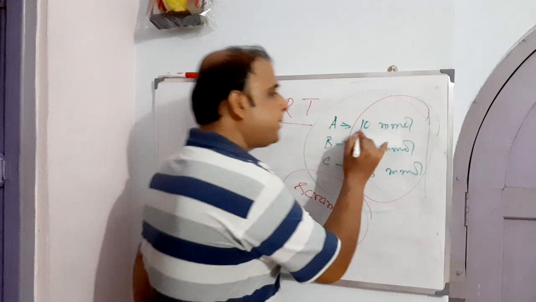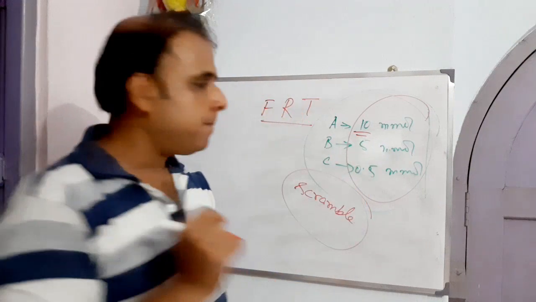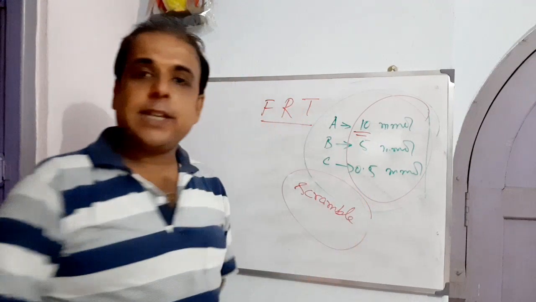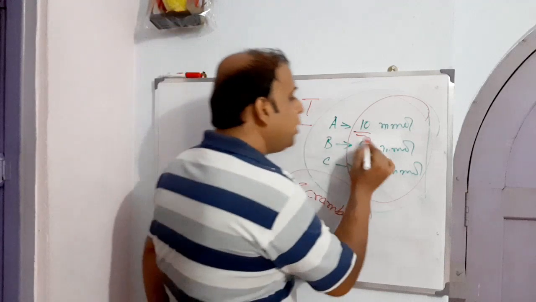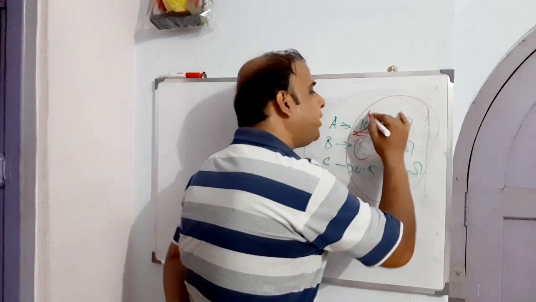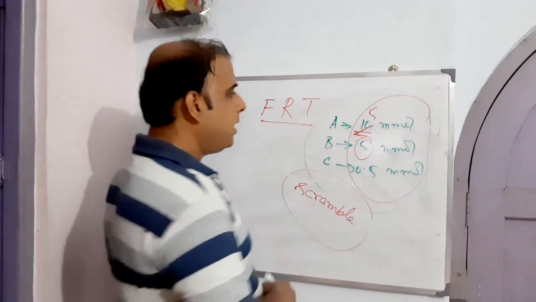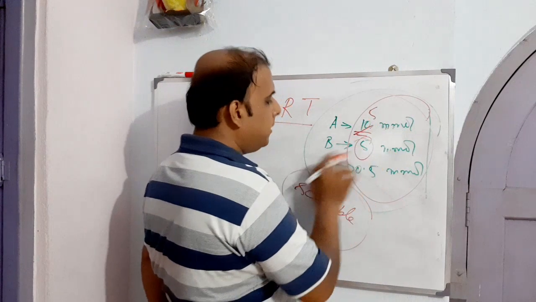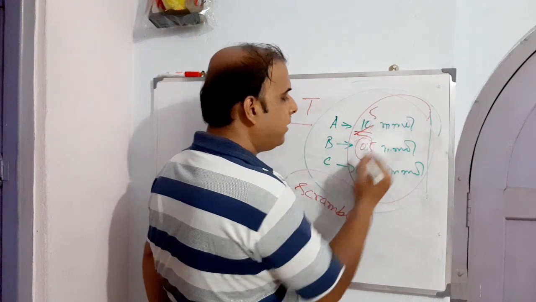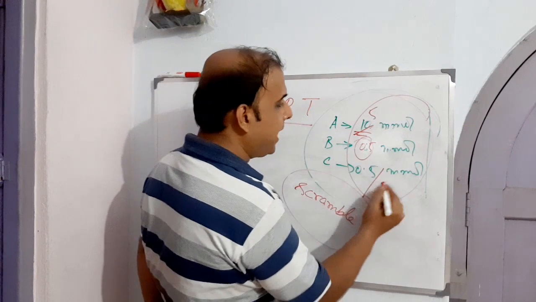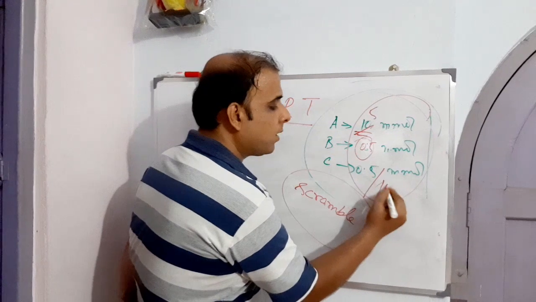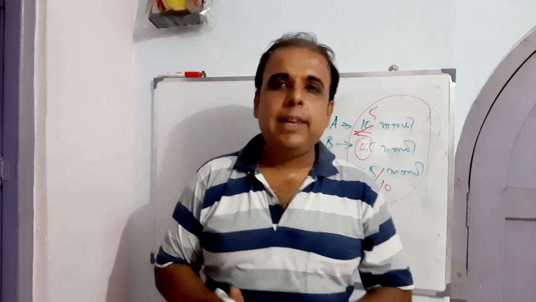Suppose this is found to be the original data for A. During the process of scrambling, you are just replacing it with 5, reshuffling it. So now A got 5, B got 0.5 and C got 10. So we are done with the scrambling.